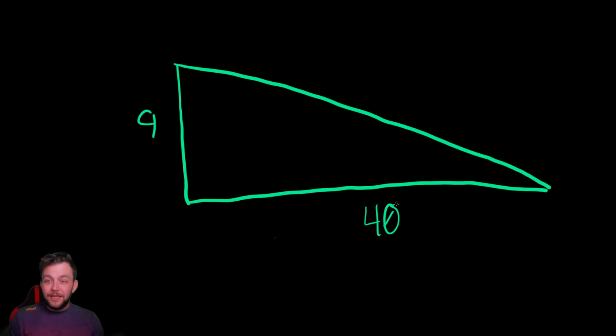Try my best to draw these as okay as possible. It's always hit or miss. So our sides on this triangle are 9 and 40. And I might end up having to move this a little bit just to give us a little bit more room to do the math part of things. So we have our triangle, 9 and 40.